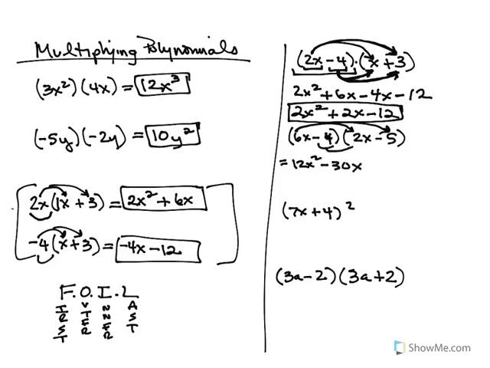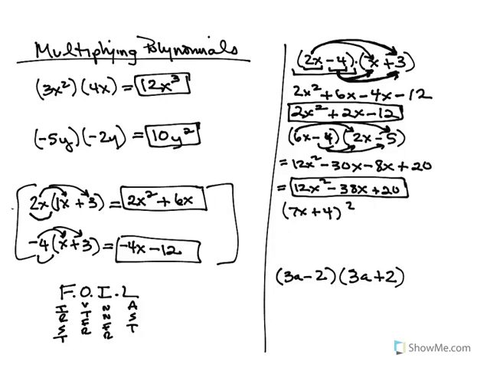Now I'm distributing negative 4. So negative 4 times 2x is negative 8x. Negative 4 times negative 5 is positive 20. So when we look at what we have, we combine like terms: 12x squared minus 38x plus 20. And we're finished.